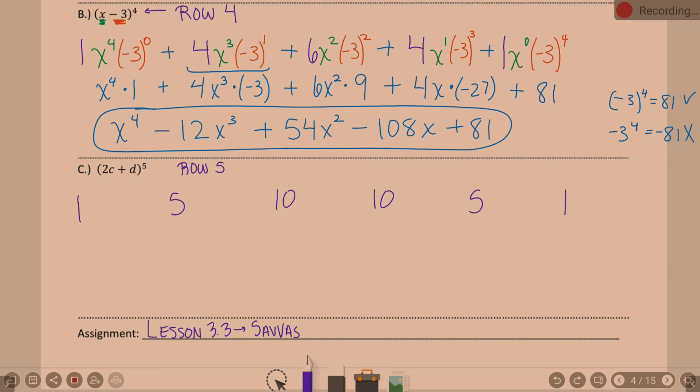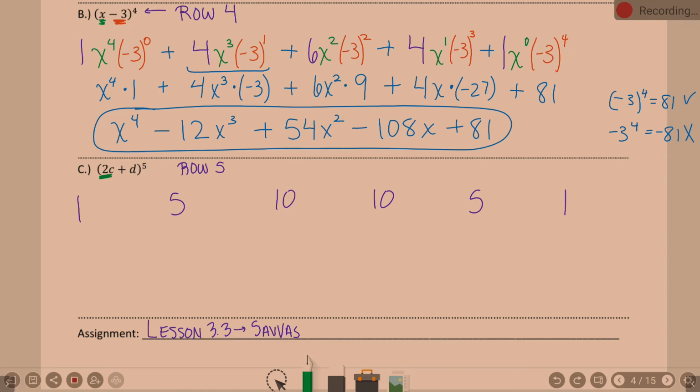Okay. Now what? Okay. What do we do with 2c? Start high and end low.